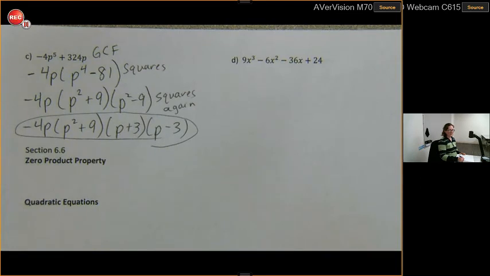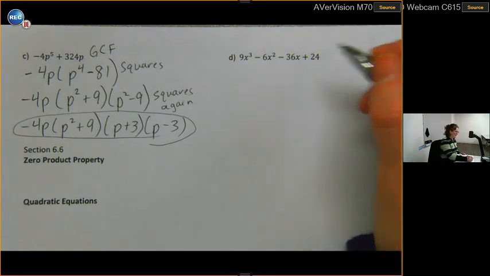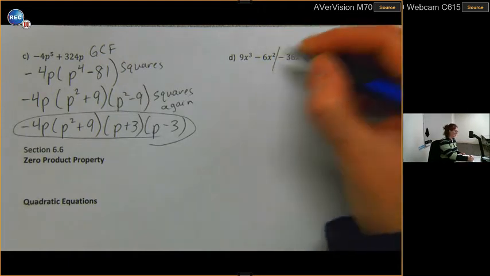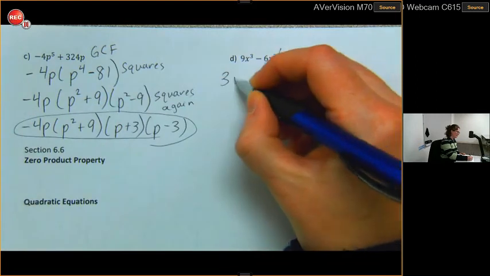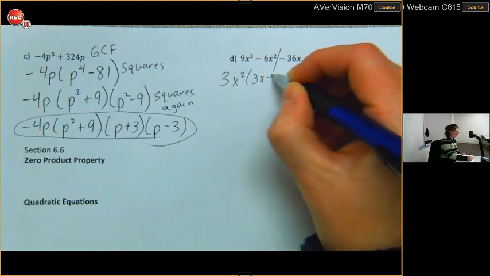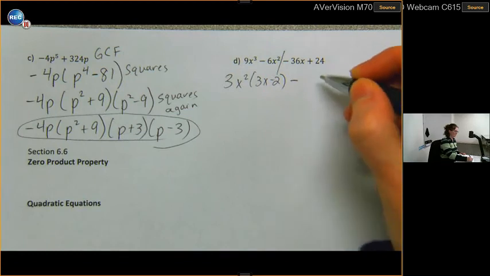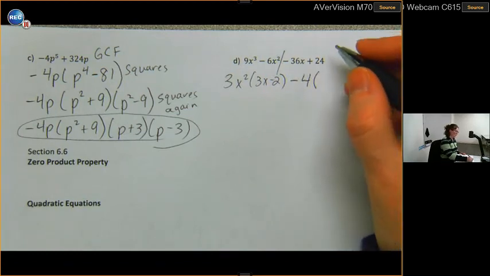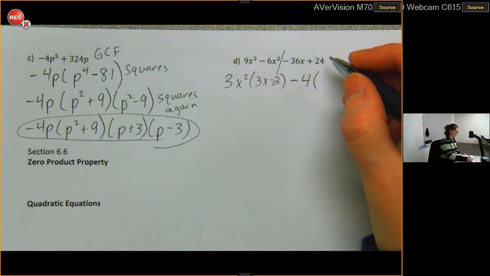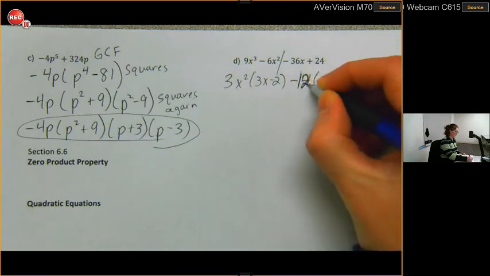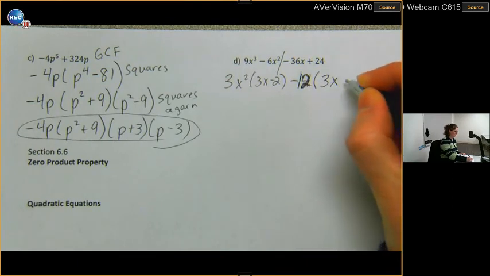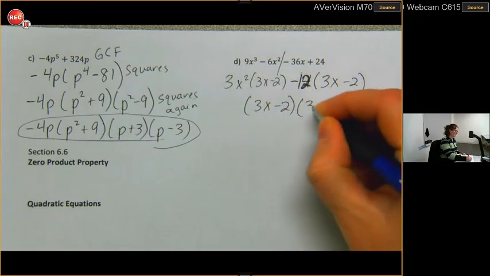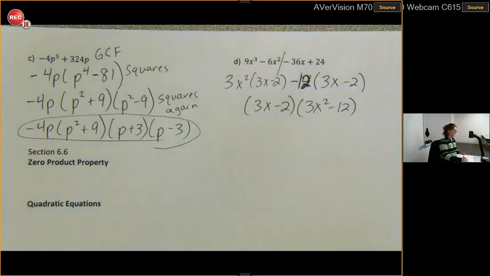Part D has an overall GCF, but I'm going to pretend like we missed that. Say I didn't notice it has an overall GCF, and I just go for factoring by grouping. So then we get 3x minus 2 times 3x squared minus 12.